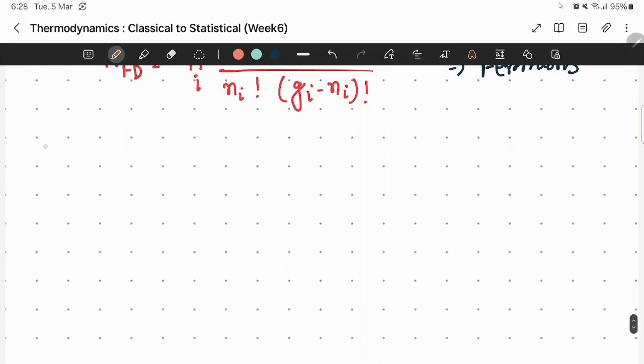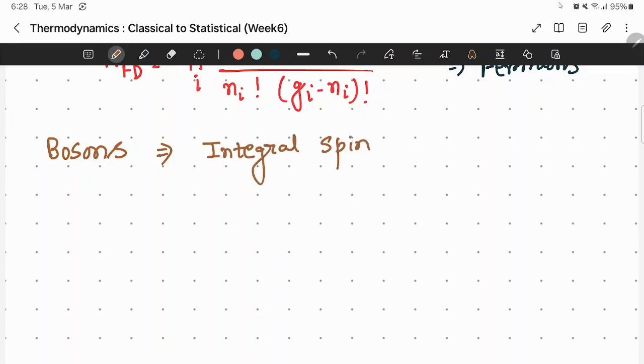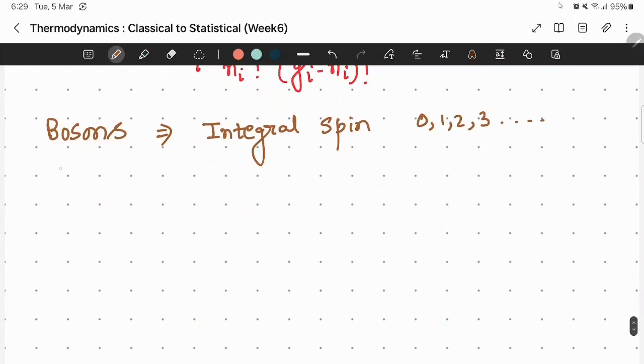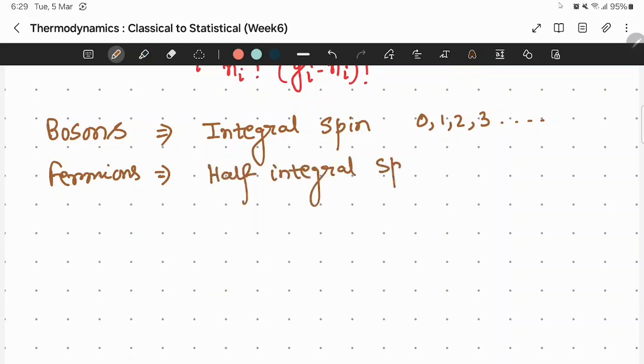You say bosons should have integral spin, which may be 0, 1, 2, 3 like this. And for fermions, it is half-integral spin, half, 3 by 2, 5 by 2. You know, for electron it's half.